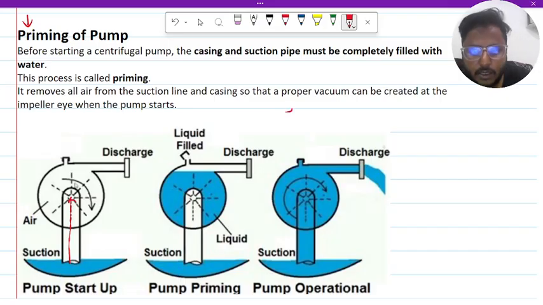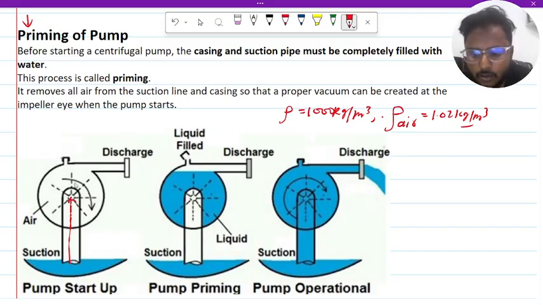The density of water is 1000 kg per meter cube, but what is the density of air? Air density is about 1.02 kg per meter cube, meaning the density of water is about 1000 times the density of air.